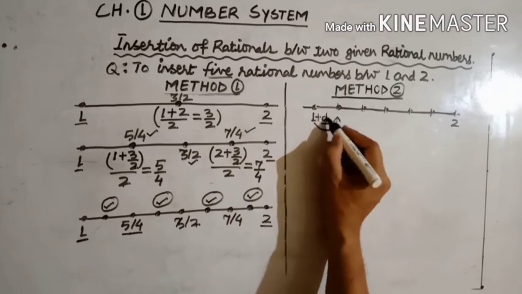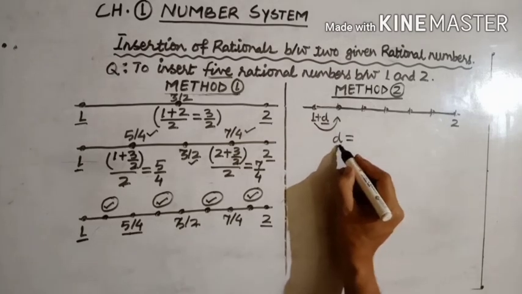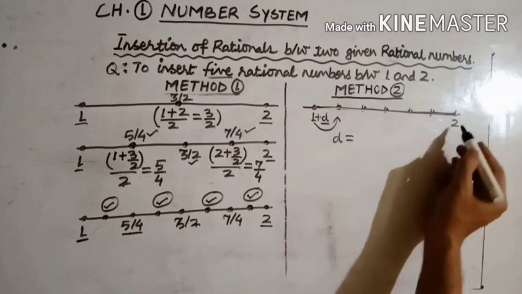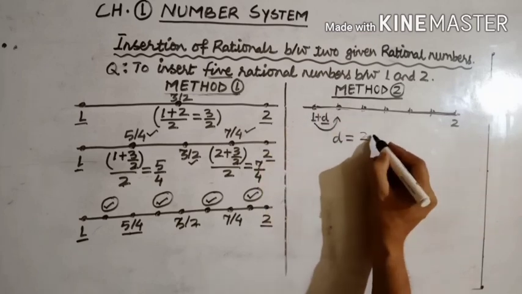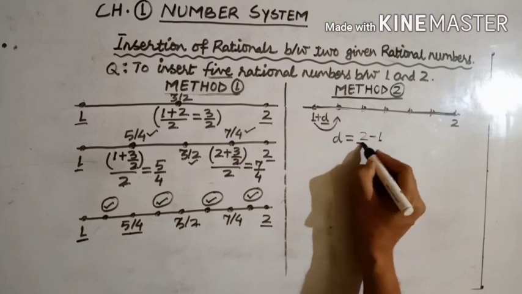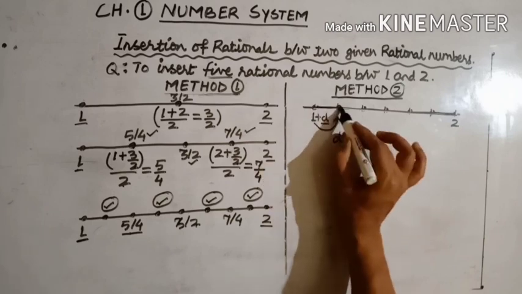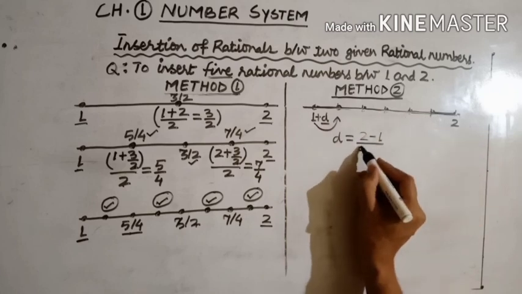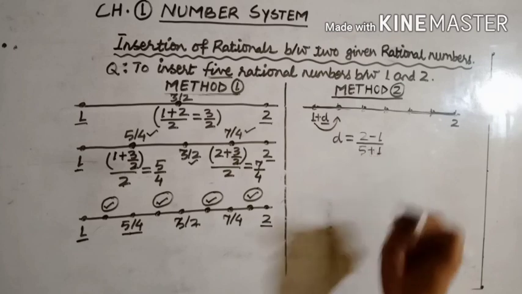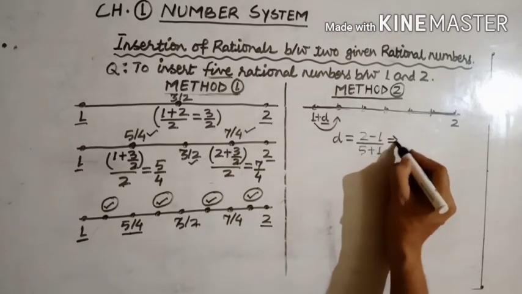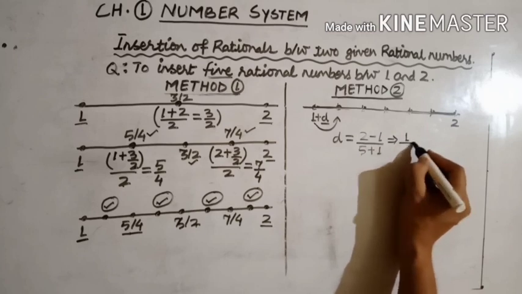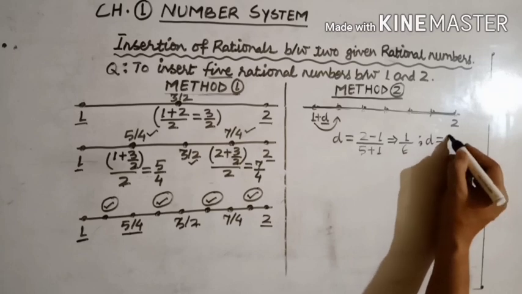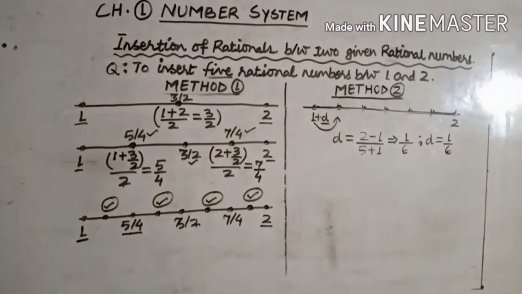This something is known as the difference, and this difference you may calculate while dividing the difference between 1 and 2 into 1, 2, 3, 4, 5, 6, that is 5 plus 1, 6 equal parts. So it is (2 minus 1) upon (5 plus 1), 6. So that difference D we have is 1 upon 6.